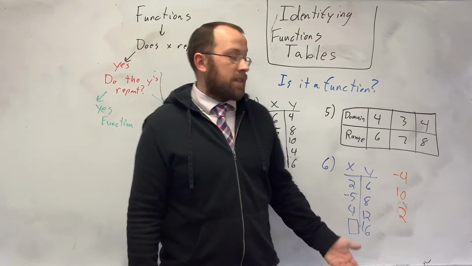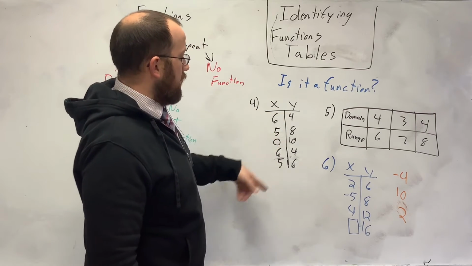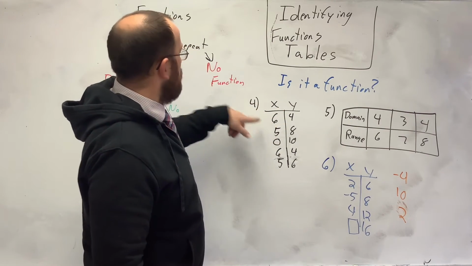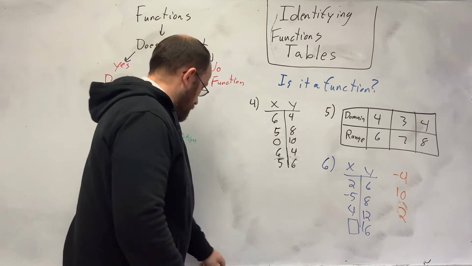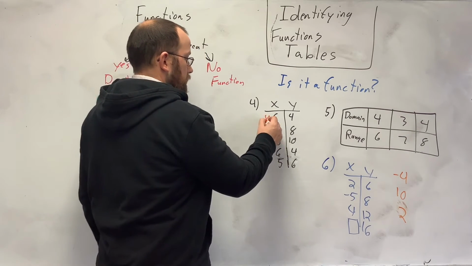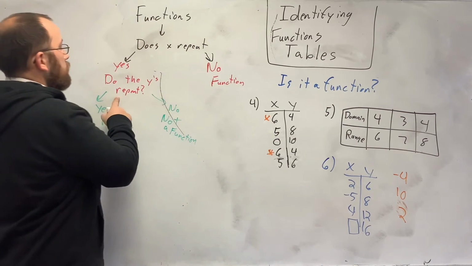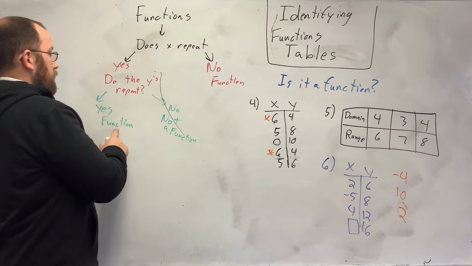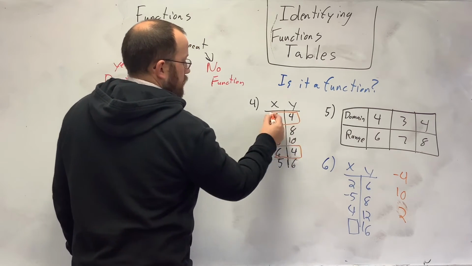All right, here's some more examples. So here's our first table, x, y, domain, range. So first thing I want to ask is, do the x's repeat? Yes. So I have a 6 that repeats right there. So now I need to know, do the y's repeat? 6, 4, and 6, 4.